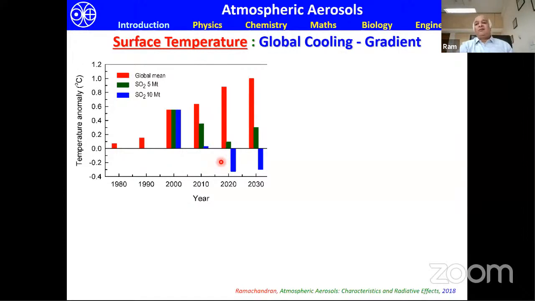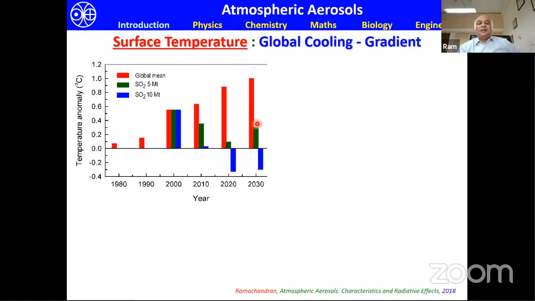We go a little further, meaning 2020, this year, for example. With 5 megatons of sulfur dioxide, the temperature decreases, but with 10 megatons, we are even going lower than what we are experiencing now. And then 2030, you can see the effect that is happening.